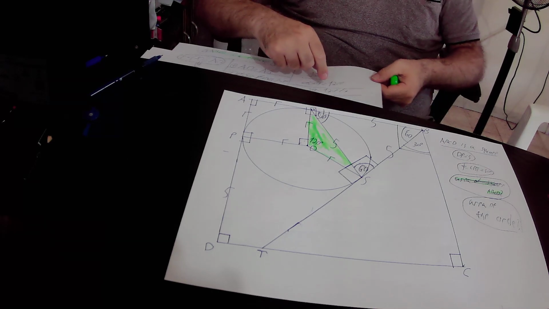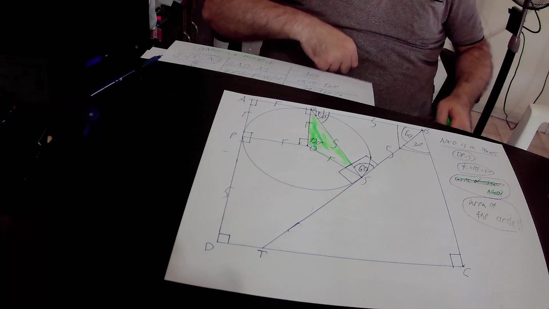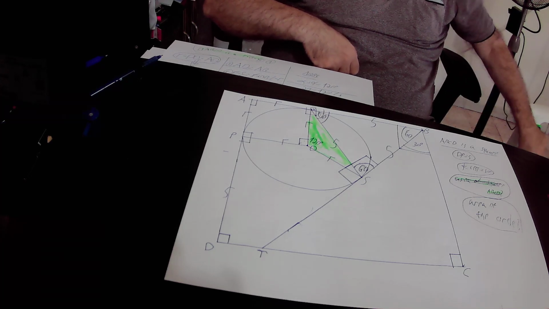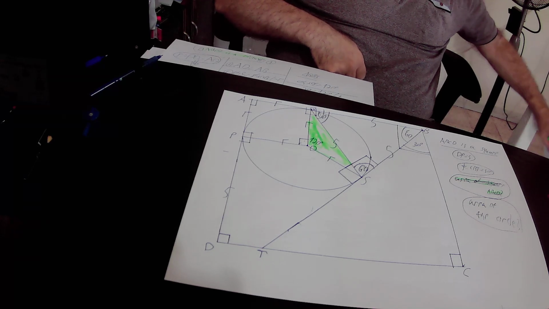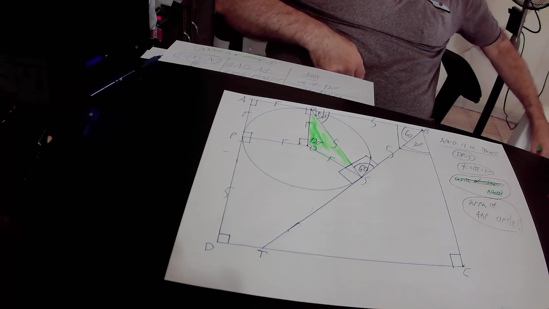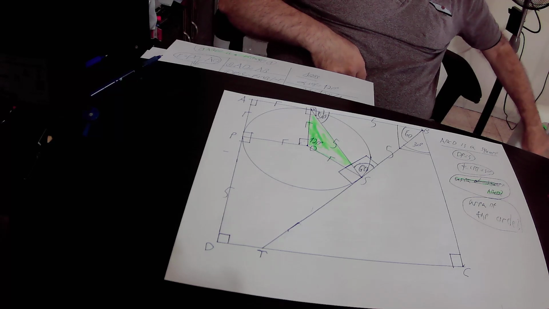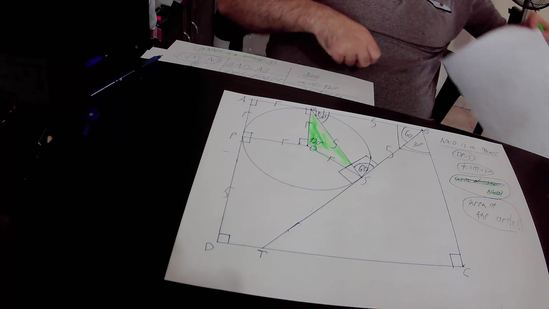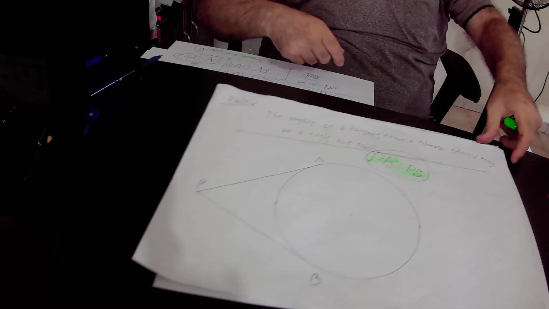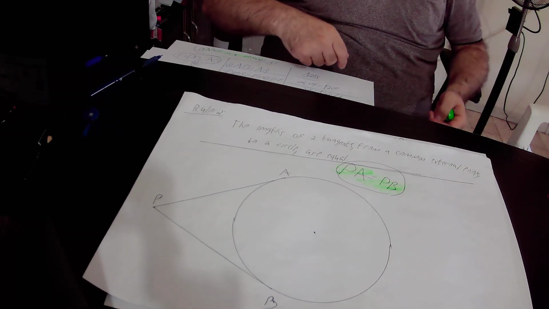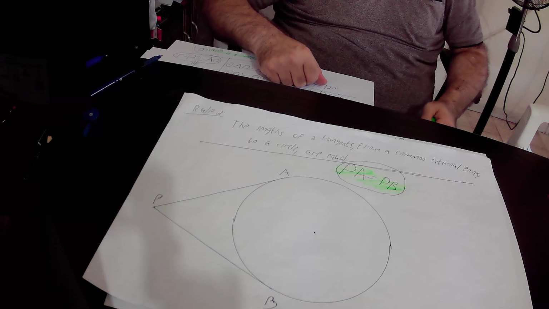Then I presented to you rule number 2. According to rule number 2, the lengths of two tangents from a common standpoint to a circle are equal.